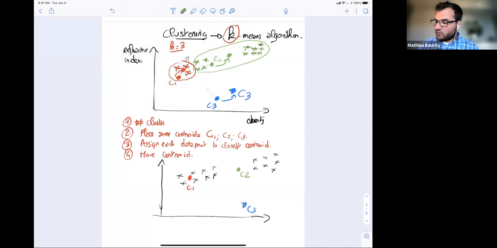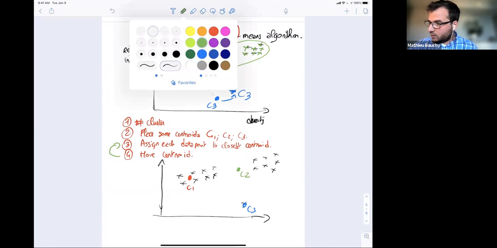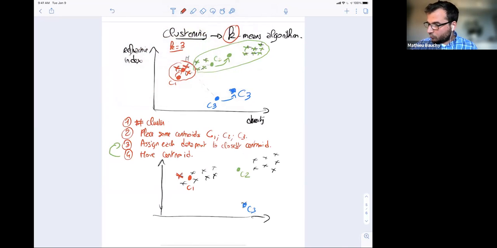And now you will start looping. So you start looping from step 3 to step 4. You start reassigning the data points. So now you will say that this data point is a red data point because C1 is the closest.